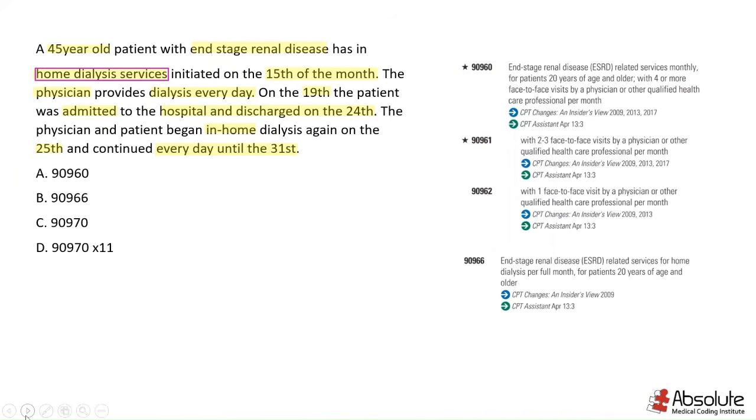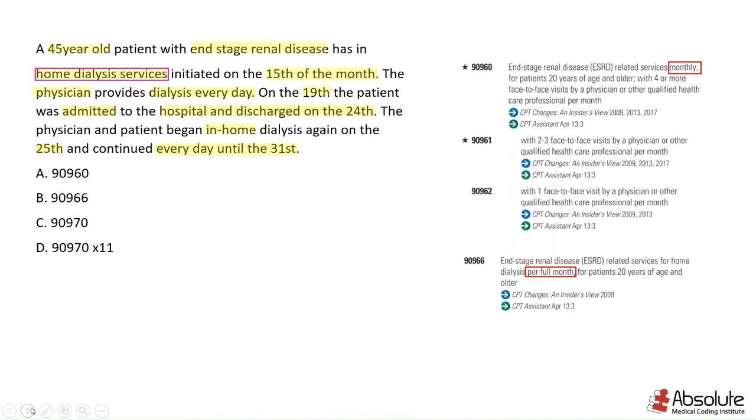So let's begin by looking at the keywords. We have a home dialysis service which is performed, right? And CPT code 90966 is for end-stage renal disease related services for home dialysis per full month.